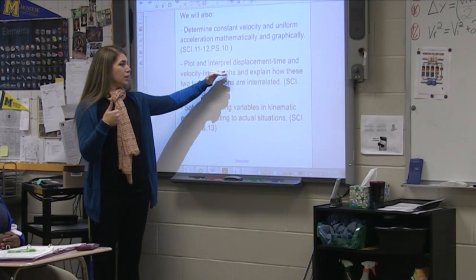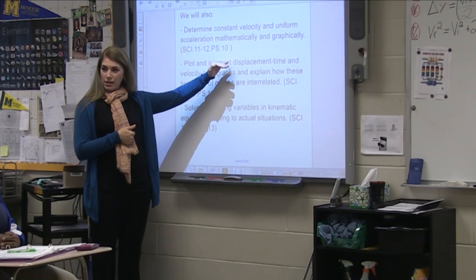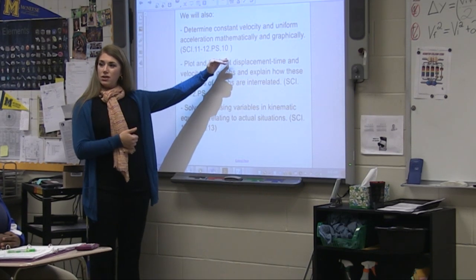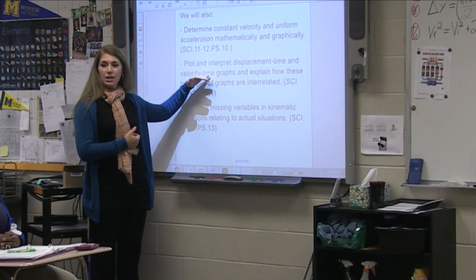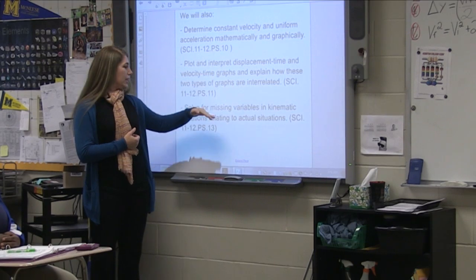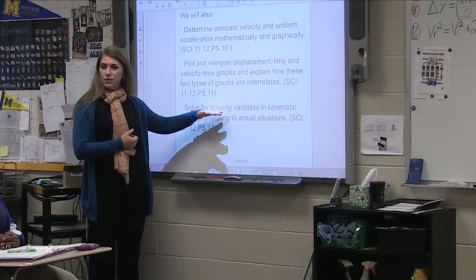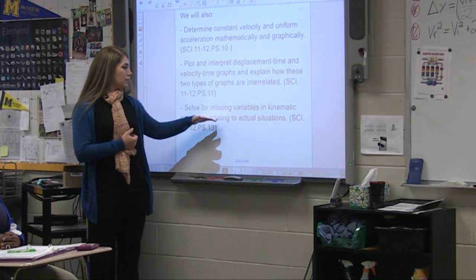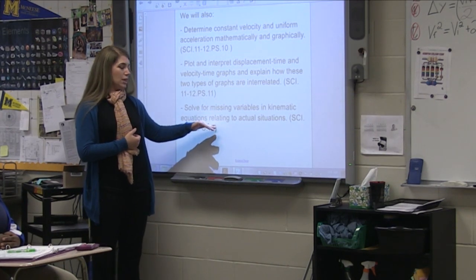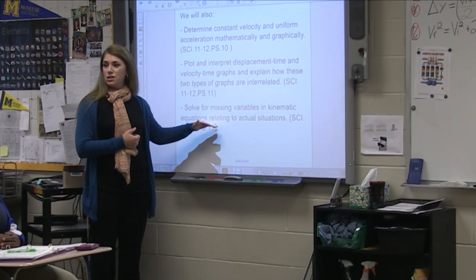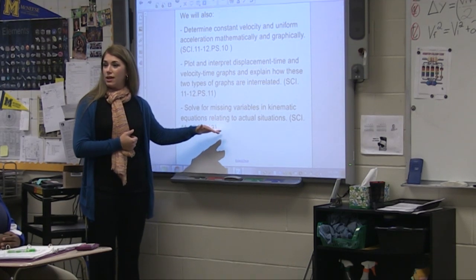You've been learning what those displacement time graphs mean. If you look at a graph, can you identify what kind of motion? The velocity time graph as well. And you've been figuring out how to solve for different variables if you're given a few pieces of information in actual situations, and today we're going to do that again.